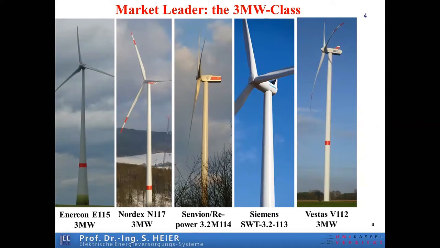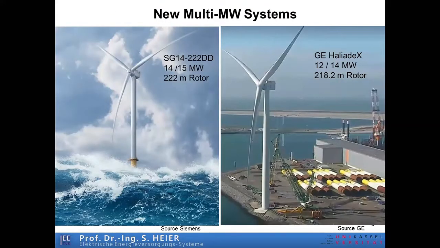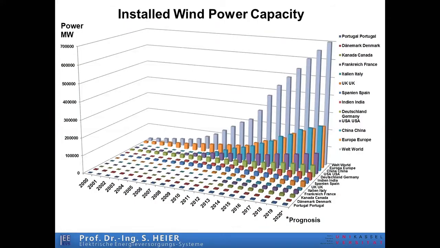This means that we can use the grid much more strongly. Now you see we can expect in the next time very large wind turbines in the size of 12 and 15 megawatt power output and about 220 meter diameter. This will come in the next years.